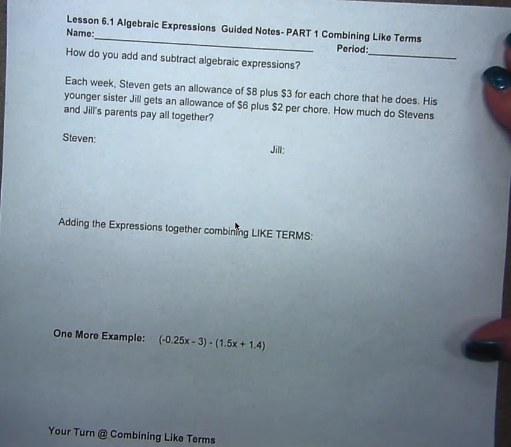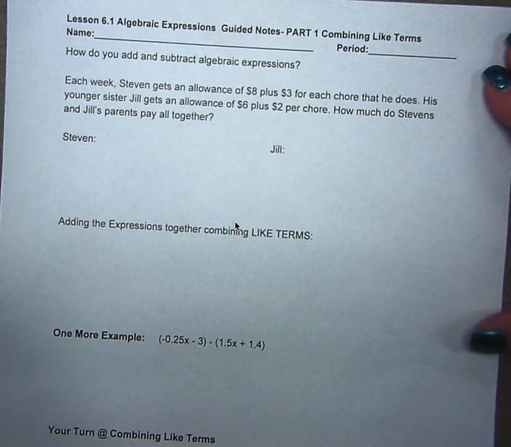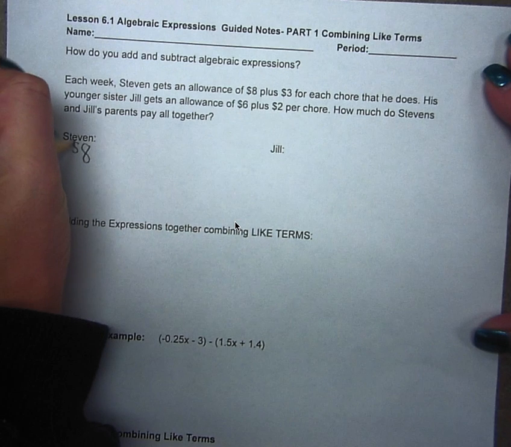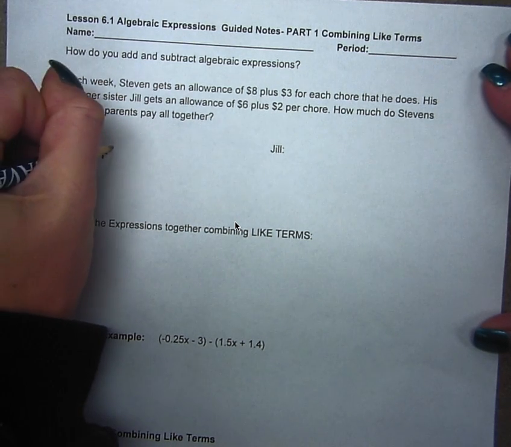So we're going to go back and look at the information about Stephen. We know that Stephen gets $8 regardless, and then he gets $3 for each chore that he does. So that means for one chore he gets $3, for two chores he would get $6, and so forth. So we're going to write out that information. So he gets $8 plus he gets $3.